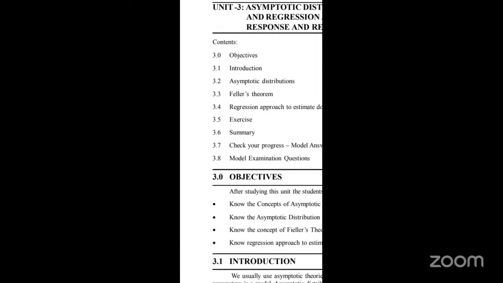We assign the values of an experiment with the help of random variables. Distributions are characterized as small sample or large sample, and as binary, univariate, bivariate or multivariate. So the main objective here is asymptotic distributions, and next is Feller's theorem.